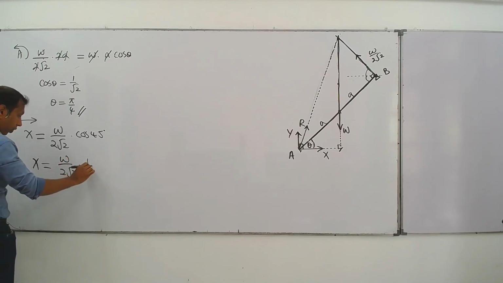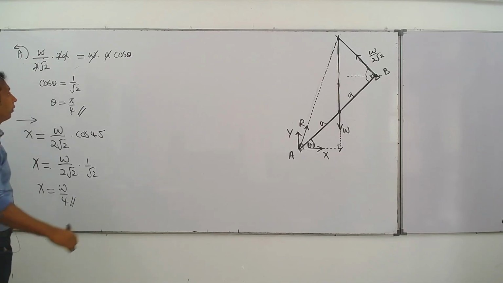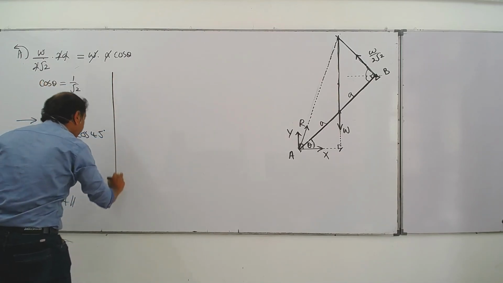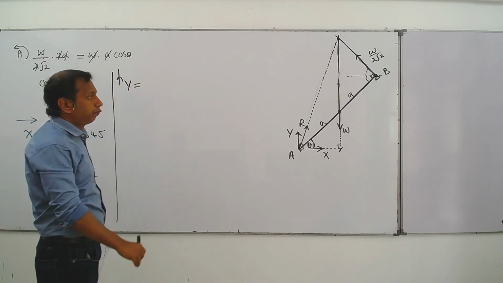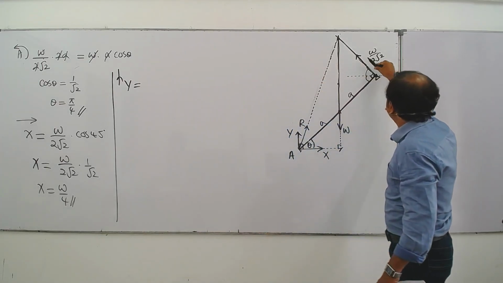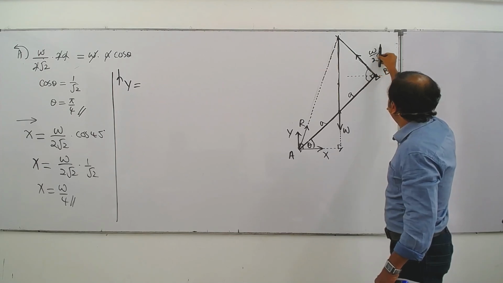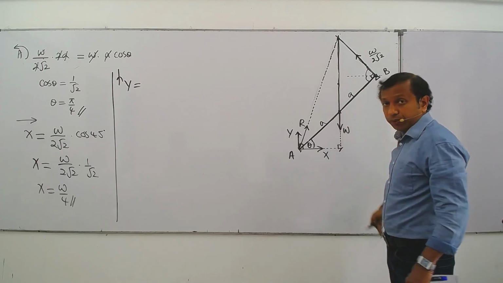Cos 45 is 1 over root 2. This gives us W over 4x. Resolving upwards, we can find y. Here is the vertical component of this, and here y upwards is equal to W downwards.